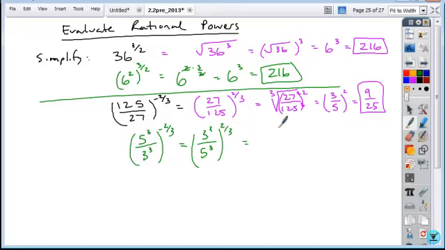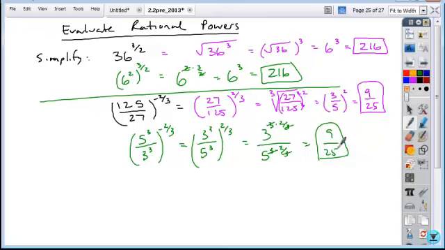And then a power to a power, this power applies to each part. So 3 cubed times 2/3, 5 cubed times 2/3. The 3's cancel in each of these cases, so you get 3 squared, or 9, over 5 squared, 25. And once again, either way, it leads you to the correct answer. It doesn't matter which form you choose.